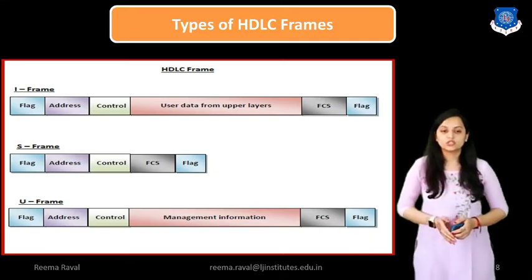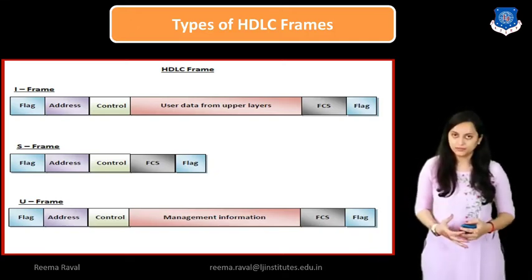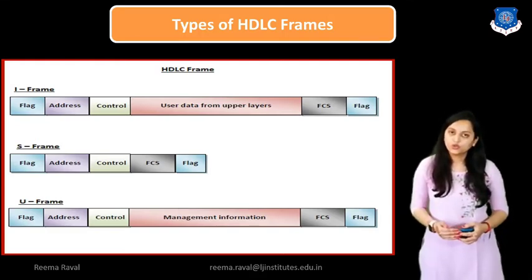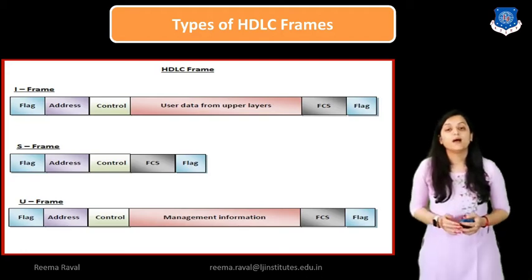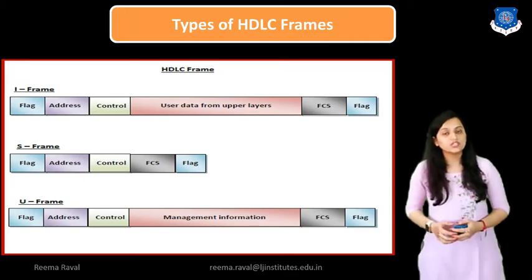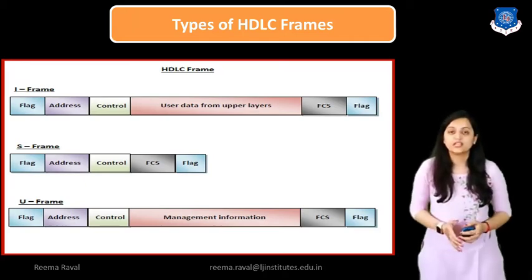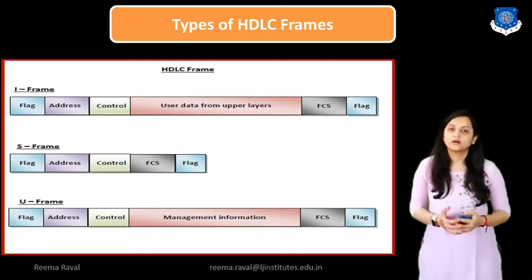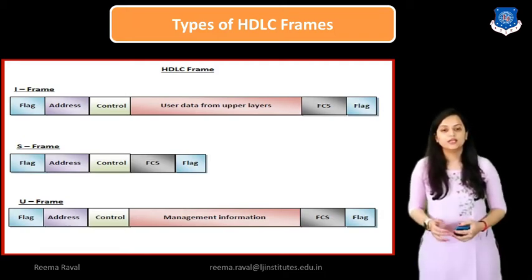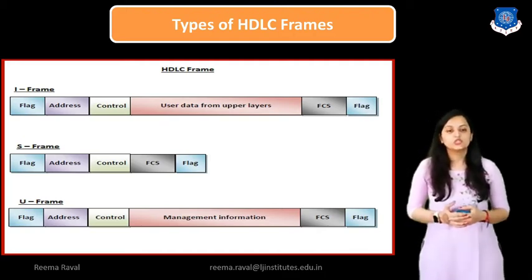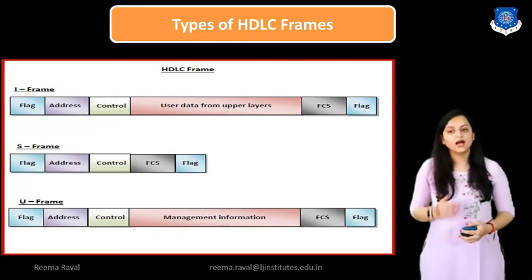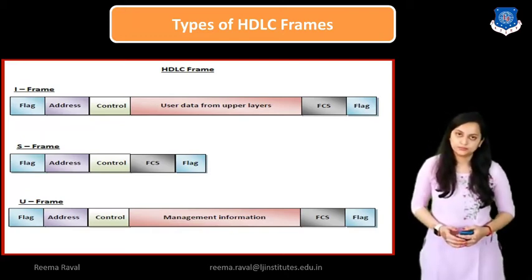In this frame structure, the first and last fields are flag fields, the second is the address field, the third one is the control field, the fourth is management information. Why management information? Because it stores information related to link control or such management purposes. So here the fourth field is management information, and the fifth field is the FCS field. So these are the three different frame structures of HDLC frame types: I frame, S frame and U frame.